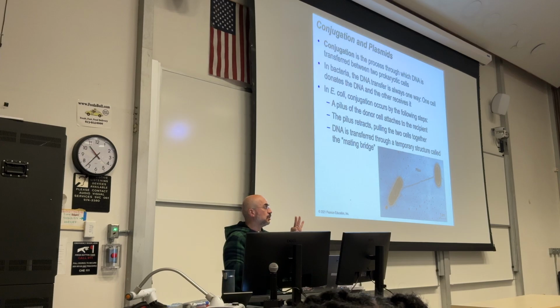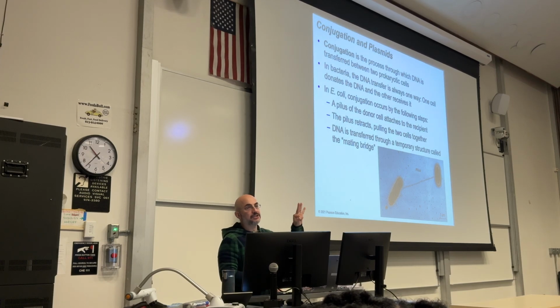Now, I want you to keep in mind why we are having such a hard time with resistance to antibiotics in bacteria. They have three different ways to exchange genetic information.